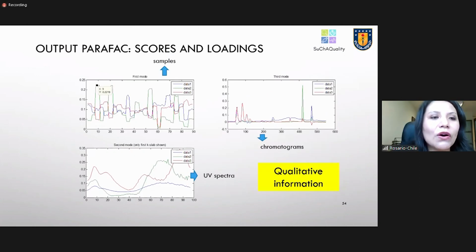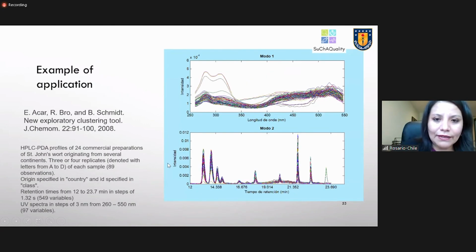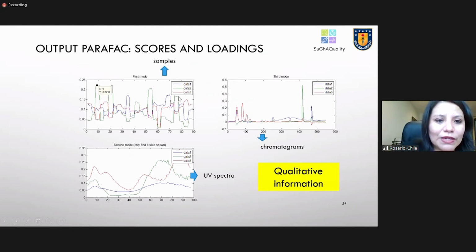So what output do PARAFAC scores and loadings give us? PARAFAC will give us 3 pieces of information because it's a cube. So we have these 3 pieces of information: the samples, mode 1 and mode 2. And here I have the samples. We can plot the samples, and for example, we can interpret this plot looking at this sample. This sample has a high content of component 2.